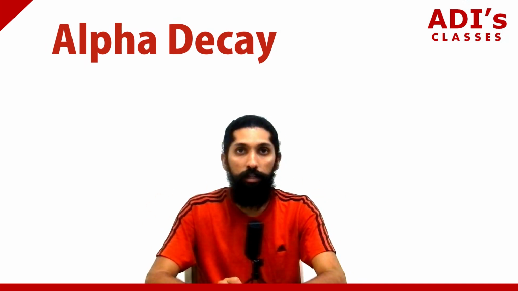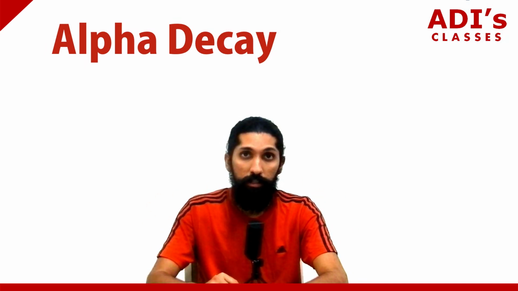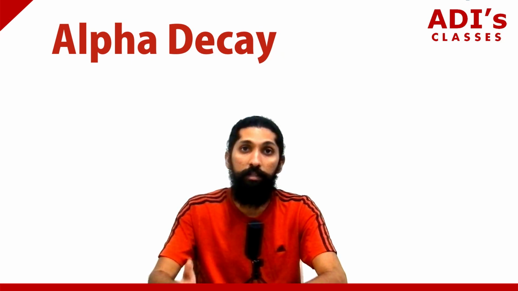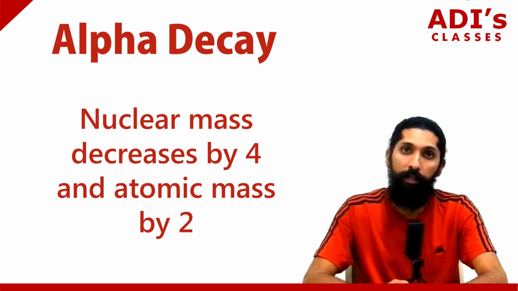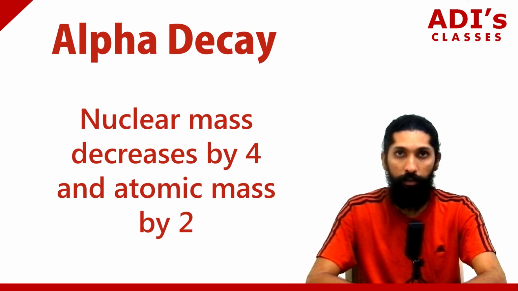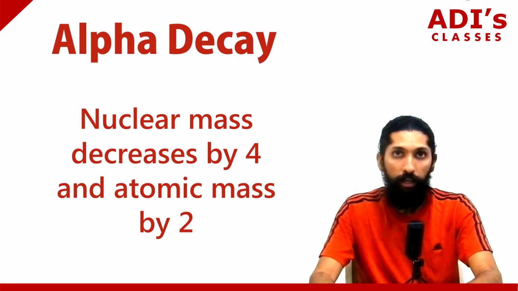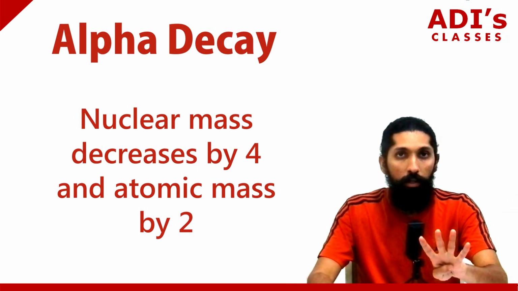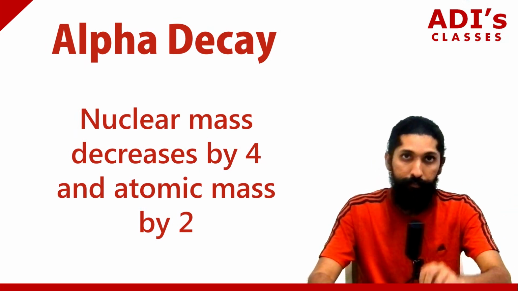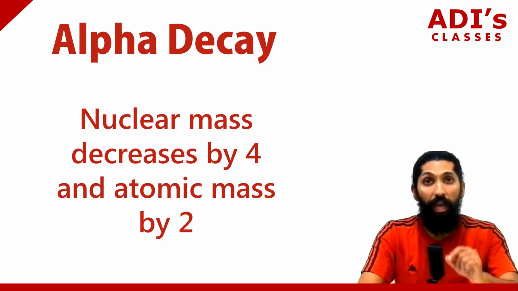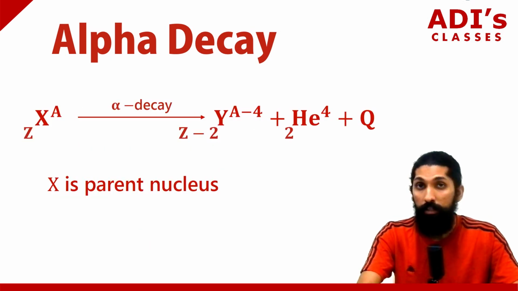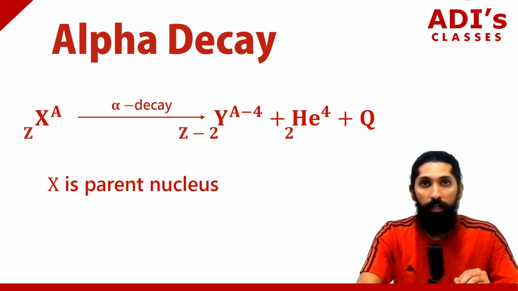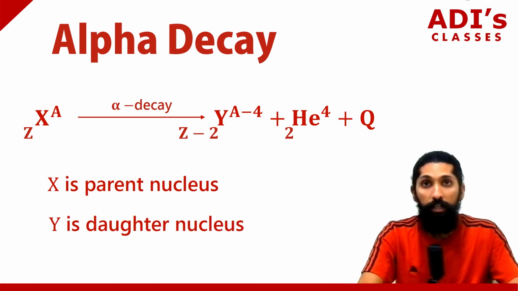The daughter nucleus will have its mass decreased by 4 units, and the atomic number decreased by 2 units. So in an alpha decay, mass reduces by 4, atomic number reduces by 2. So this is the mathematical reaction. X is the parent nucleus, Y is the daughter nucleus, and we know that an alpha particle is a helium nucleus, correct?